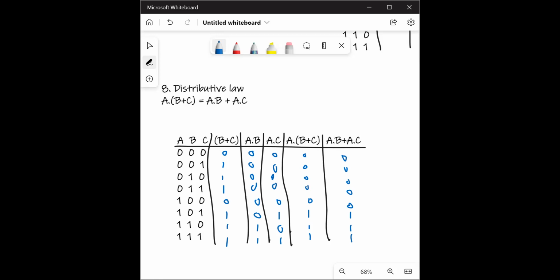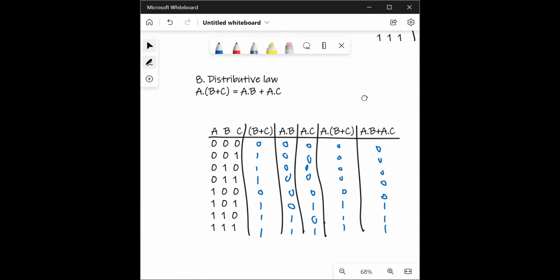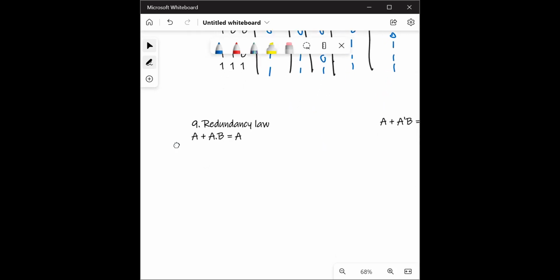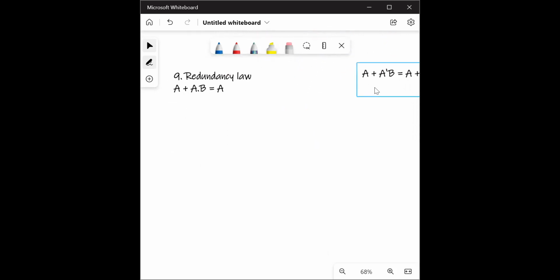Right. So this is called distributive law, right? Okay, similarly, the last one that we are going to discuss today under the laws, it's the 9th one, and this is called redundancy law.